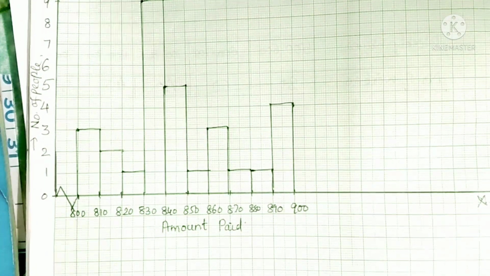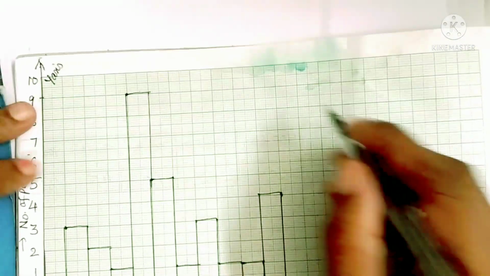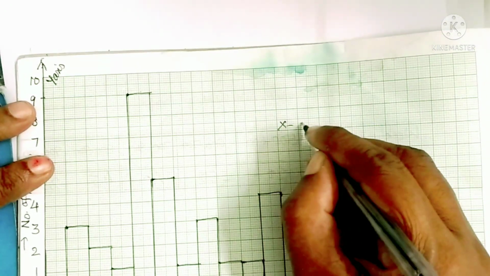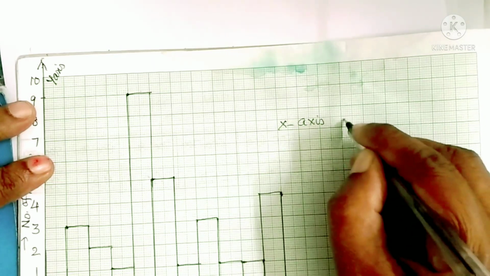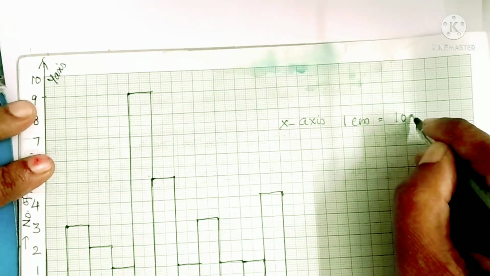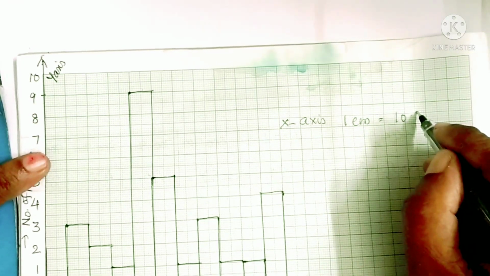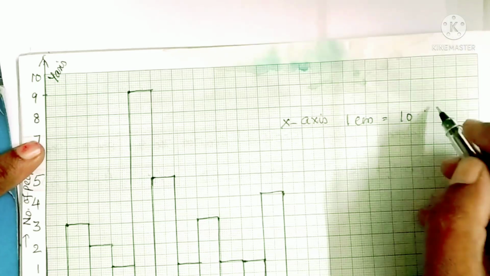Now we need to write the scale. So on x axis what did we do? X axis 1 centimeter is equal to 10 rupees. 800 to 810. So 10 rupees.